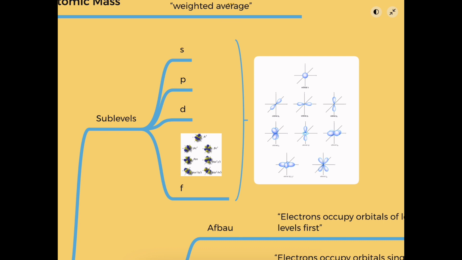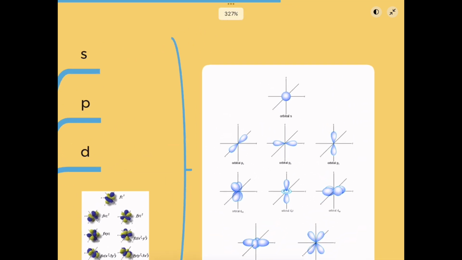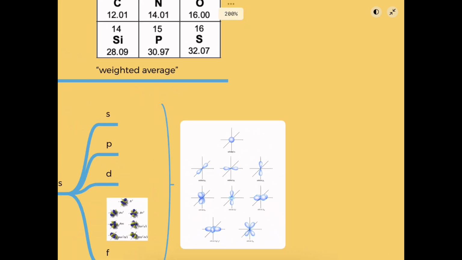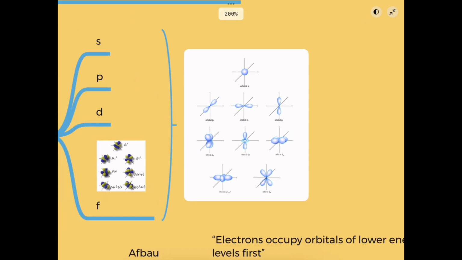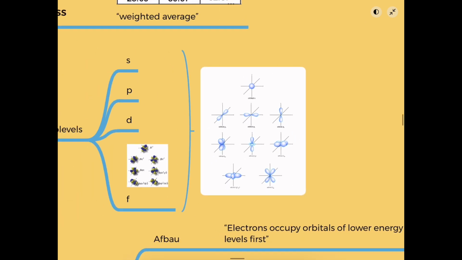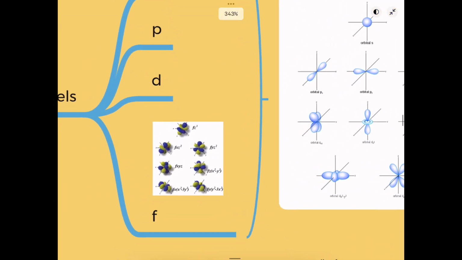The s orbitals up here look like spheres. The p orbitals are the 3 under the s orbitals, and yes, there are 3 of them. The d orbitals, we have 5 of them, again underneath the p orbitals over here, and we have the f orbitals on the left. There are 7 of them.